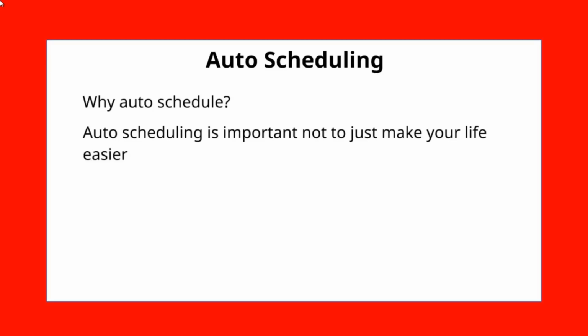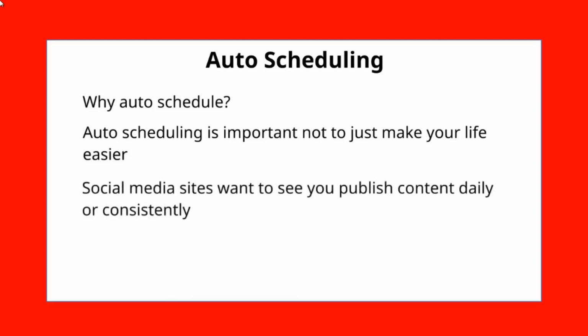So as you can imagine, auto scheduling is important to make your life a lot easier, but it's not just that. As you are aware of social media sites like Pinterest, like Facebook, Instagram, and more, these sites like to see you publish daily or on a consistent basis. And not just that, your audience that comes to follow you is looking to hear from you on a day-to-day basis.